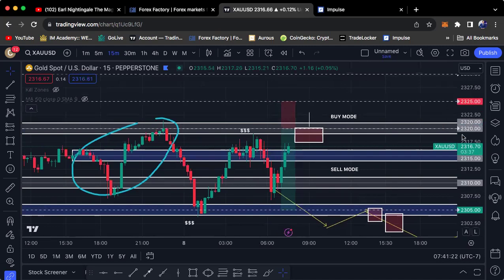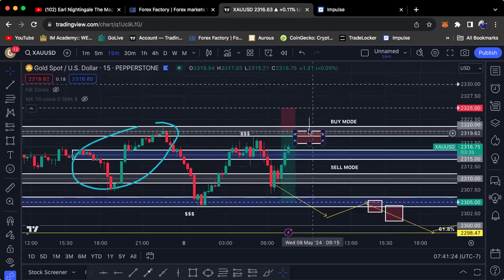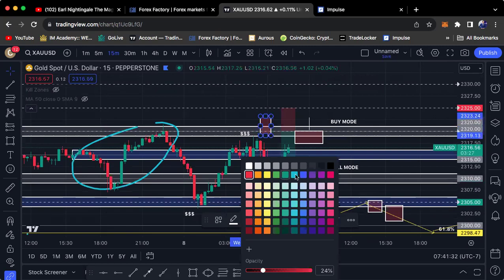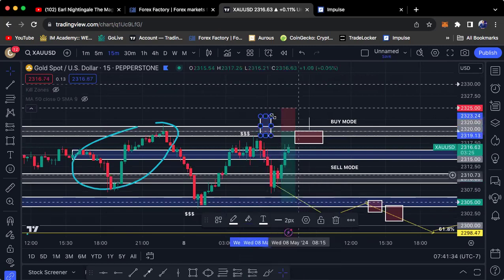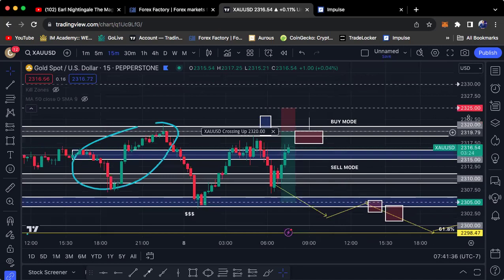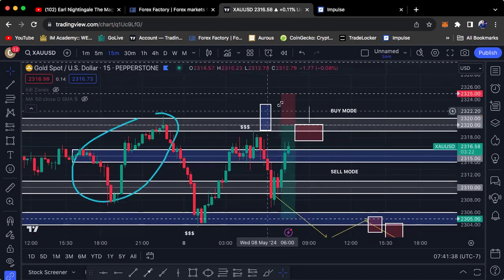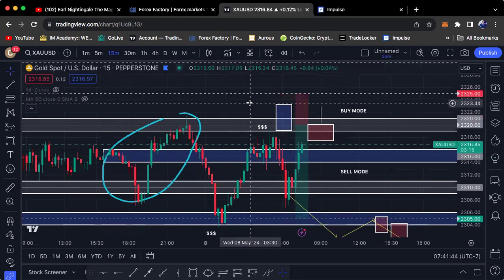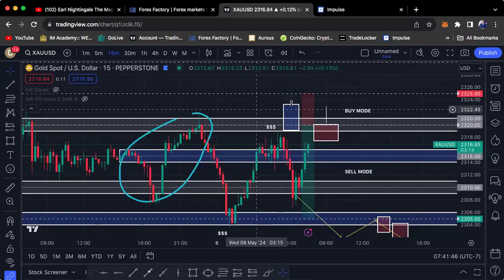If it fails to create this and it creates a bullish candle and it breaks above this zone, bullish, then the trade is invalid. If it breaks above, opens up bullish like this, and creates another impulsive move, then the trade is invalid. Right?